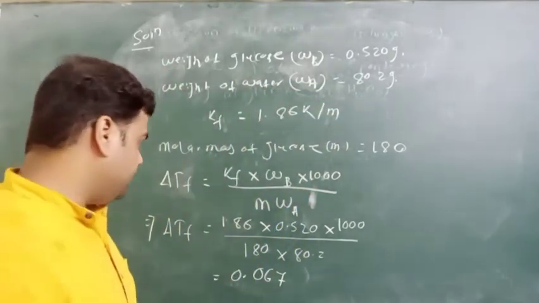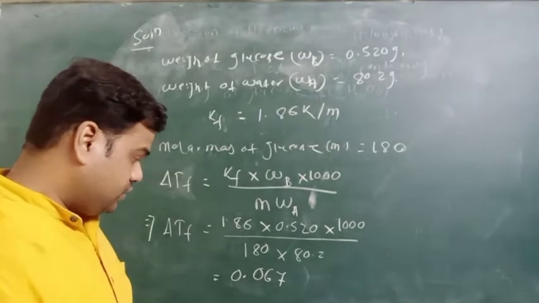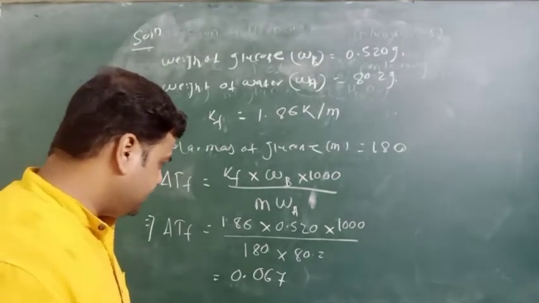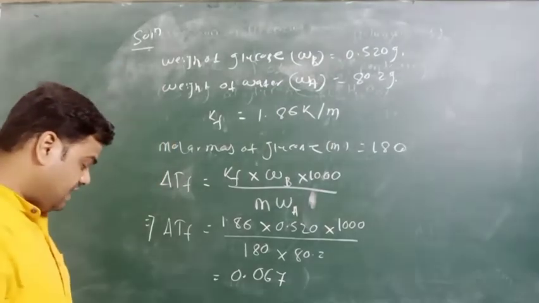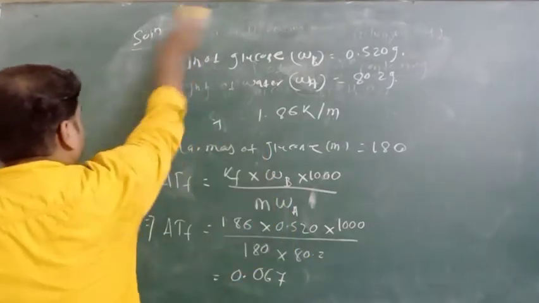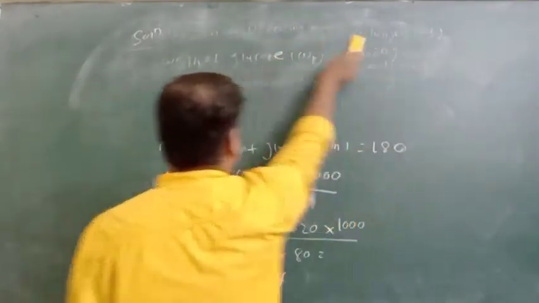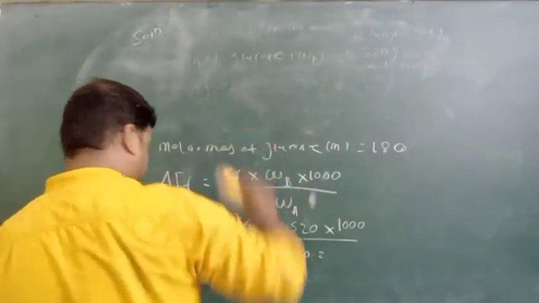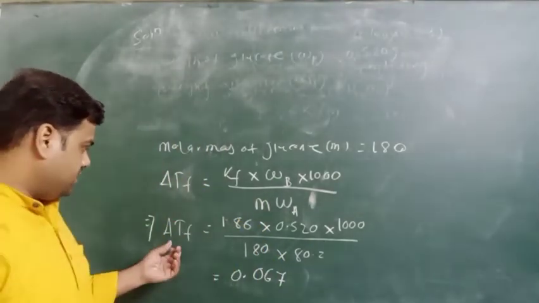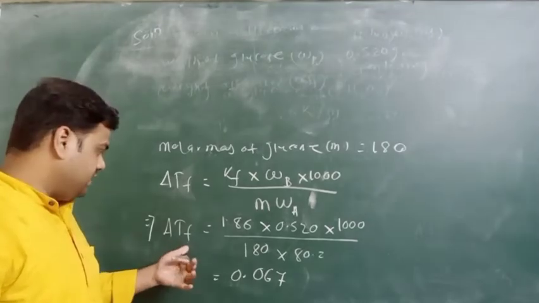Then the freezing point of water is 273 Kelvin. So 273 minus 0.067, then we will get the freezing point of the solution. Del TF is the depression in freezing point.